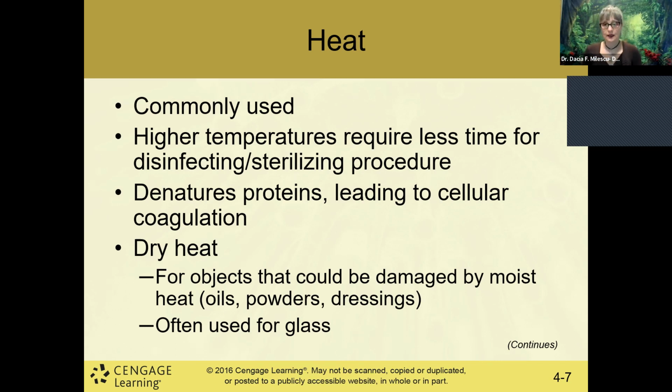You don't want dressings to get wet, all right? But you want sterile dressings to use on deep open wounds, or surgical post-op incisions, things like that, okay? And we can use dry heat on glass. That's a very common way to utilize heat, okay?